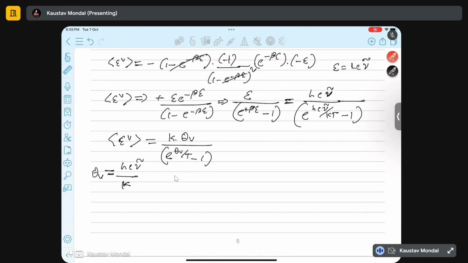Now we got the expression of Ev. From here the specific heat expression CVm is Na times delta of Ev by delta T at constant volume.